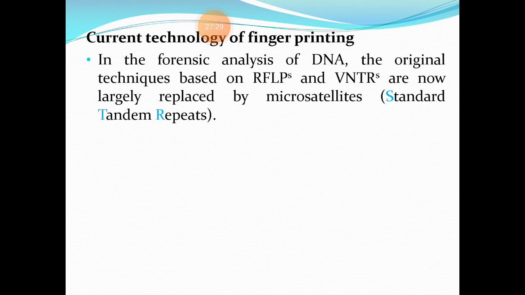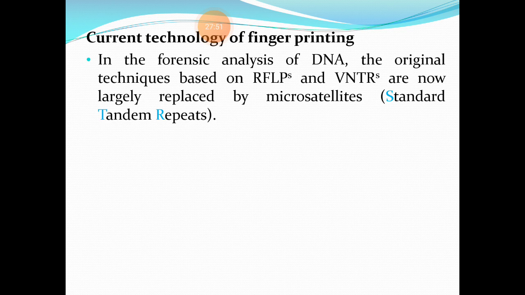Okay. Now, what is the current scenario as far as DNA fingerprinting is concerned? In the forensic analysis of DNA, the original techniques were based on RFLPs and VNTRs. Now nobody uses these RFLPs or VNTRs.